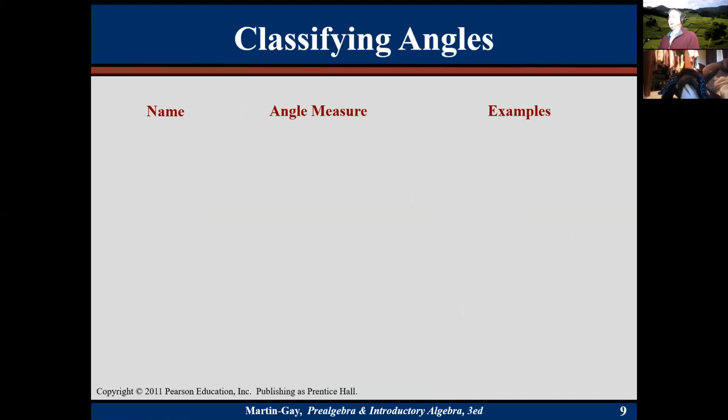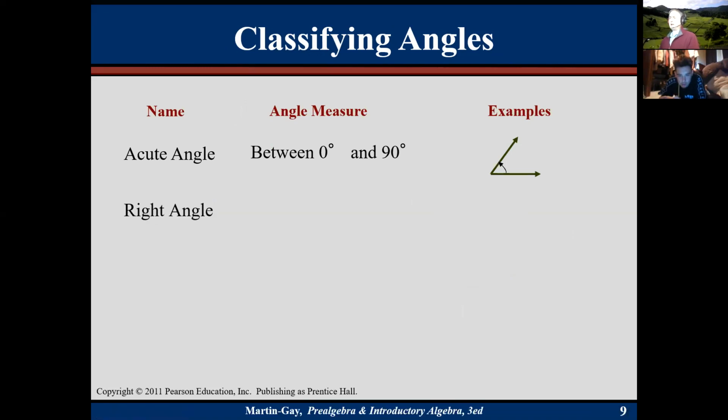We can classify angles into a couple of different categories. There's an acute angle, which is between 0 and 90 degrees, right? Then there's a right angle, which is exactly 90 degrees, and we talked about that in terms of right triangles.